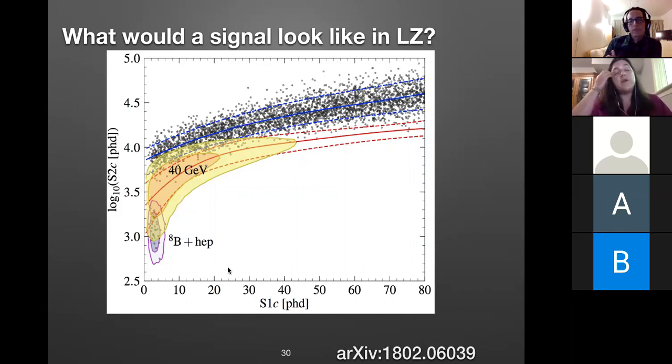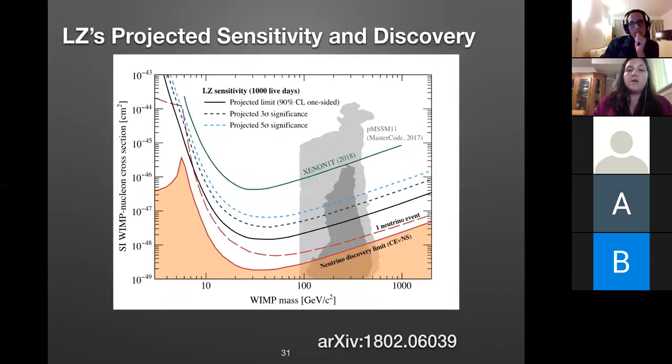And so we do a profile likelihood ratio that is using all of the information on this plot instead of just one little window for where we look for what our signal would be. So this boron-8 signal is approximately what a 6 GeV mass WIMP would be, and a 100 GeV mass WIMP would give you signals out to the edge of the plot. So that's the trend of how the mass of the WIMP would change what the signal would be.